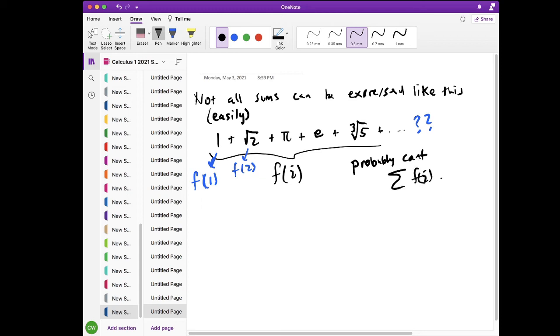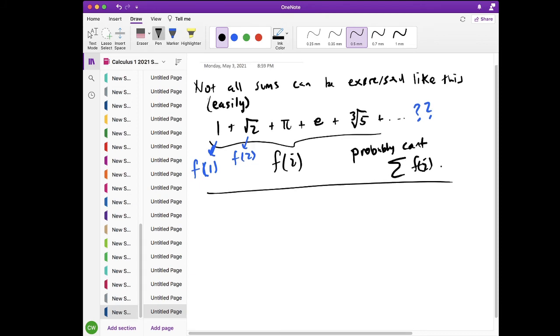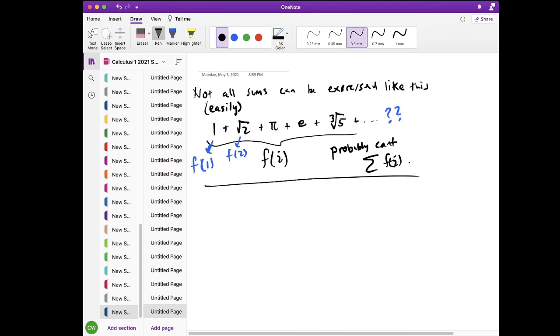So the whole point of the sigma notation is to put something that looks pretty uniform, like they're all values of functions. So for example, let's do a boring one: 1 plus 2 plus 3 plus 4 plus 5.